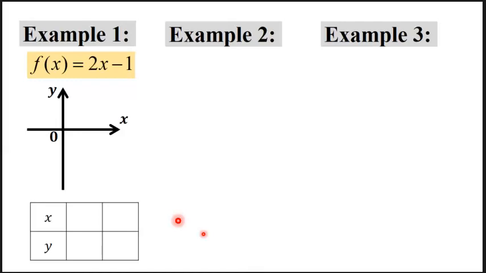Let's construct a simple table and find the 2 points. When x equals 0, substitute into the function, and the corresponding y value, or the value of f(x), is -1. This point, 0 for x and -1 for y, is the y-intercept.